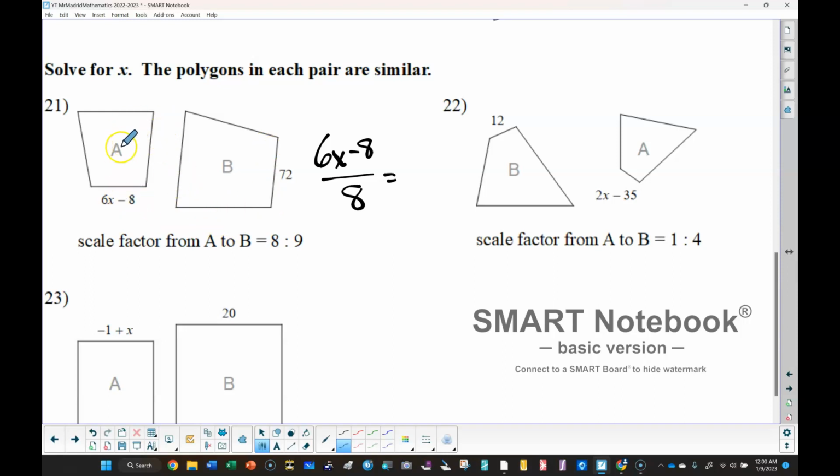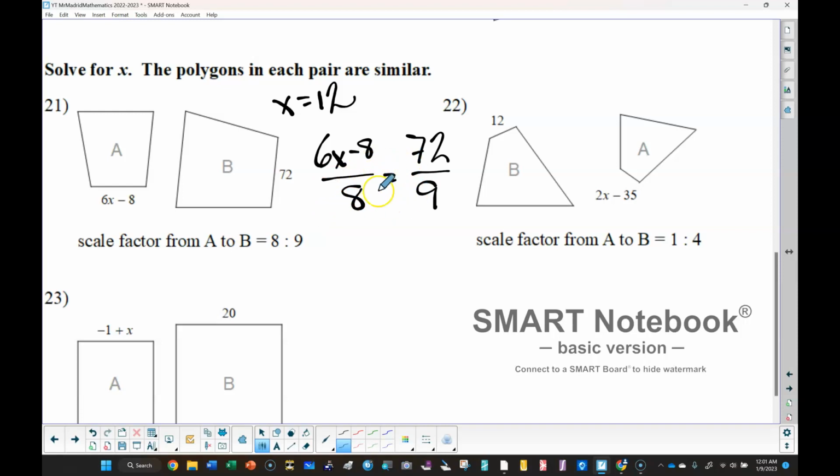Okay, it looks a little awkward, but if you turn this one or you turn that one this way, you'll find that this and this correspond, okay. So anyways, the 72 corresponds to 6x minus 8 over this 9, okay. Now I can't perform the math here, but you guys are awesome at your algebra. I'll give you the answer so you can check it, and the answer would be x equals 12.